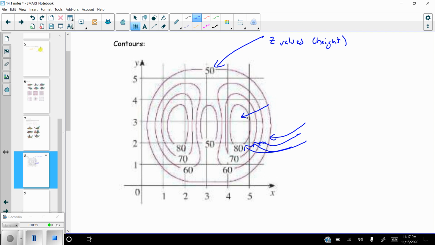And then it kind of plateaus at 80, and then it looks like it comes back down to 50 in here. So if you were to look at it from the side, it probably looks something more like this, where this right here would be your 50 height, and these right here would be your 80 height. Something like that. All right, so that's kind of what the contour map is doing.